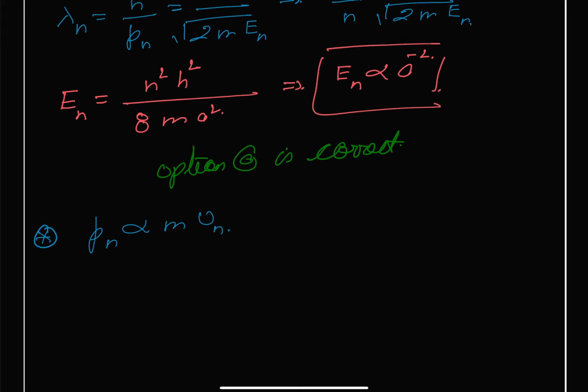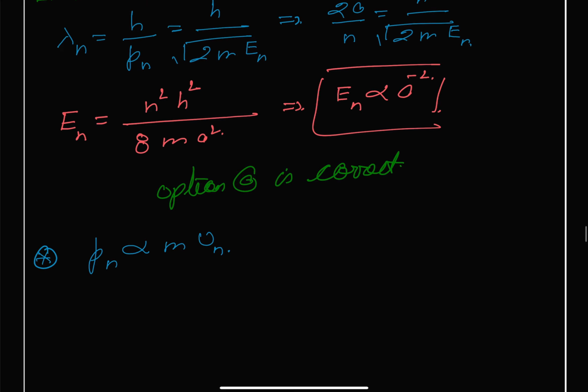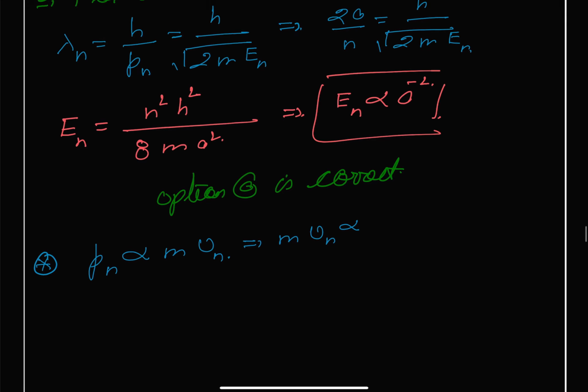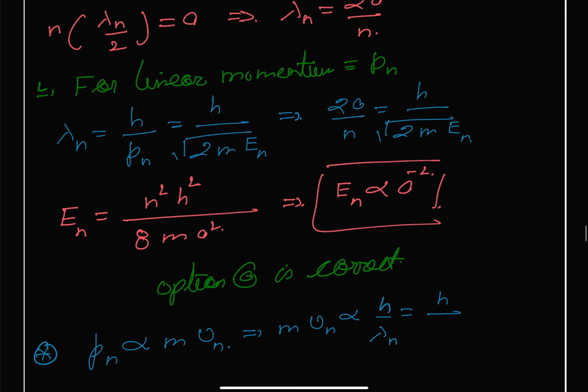And p of n can be written in terms of a and n. So we can say m v of n is proportional to h upon lambda n, and this comes as h upon 2a upon n.